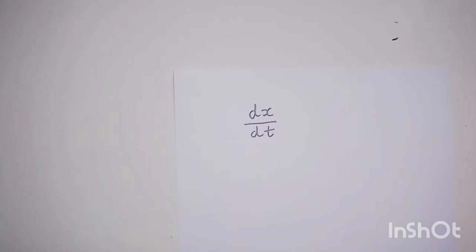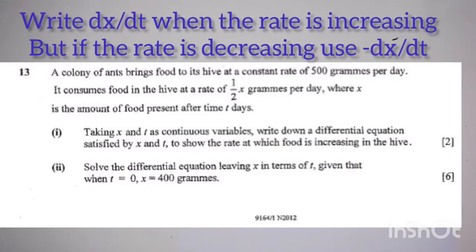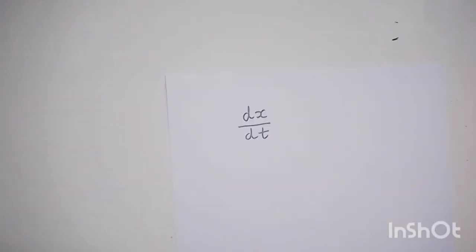Why? Because the colony of ants brings food to it. It is a sign that the food is increasing, right? But if the food was decreasing, I was going to put a negative sign before dx over dt, right? So it brings food to its hive at a constant rate of 500 grams per day.